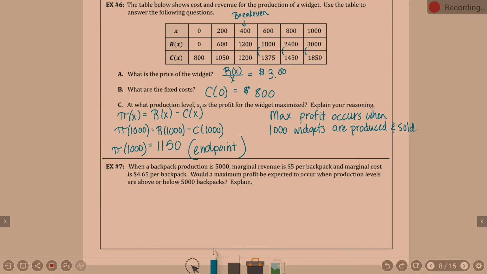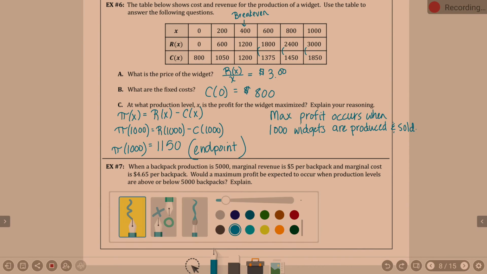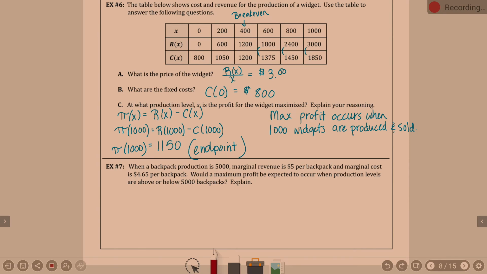Okay, number 7. When backpack production is 5,000, marginal revenue is $5 per backpack, and marginal cost is $4.65 per backpack. Why do I have a question mark on this one? As I started reading this one, I realized, is that because I skipped it? Do we have something like this in homework?